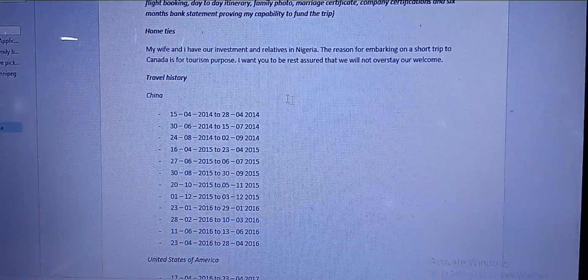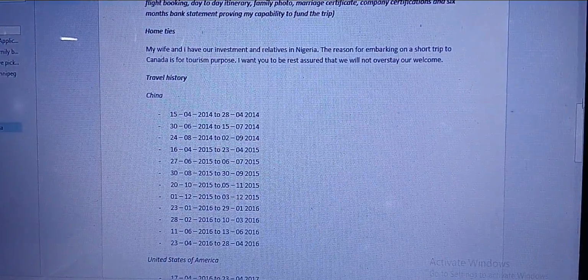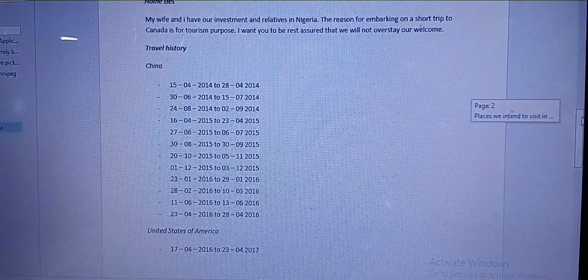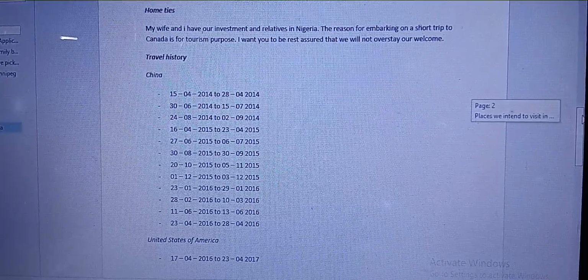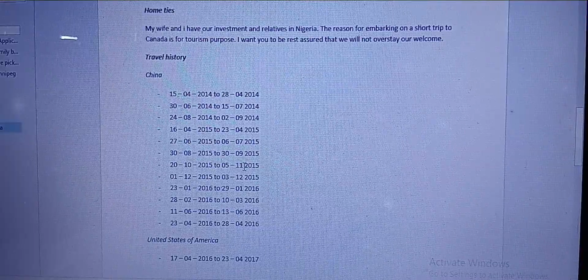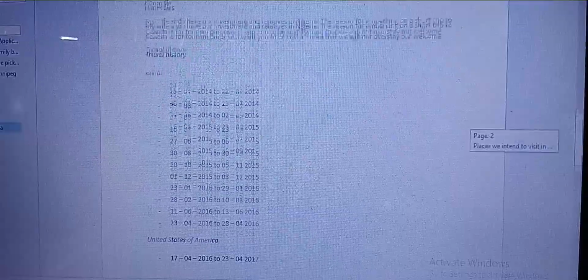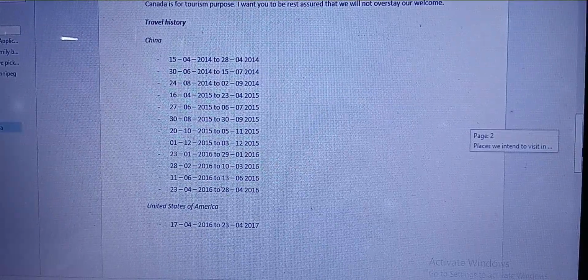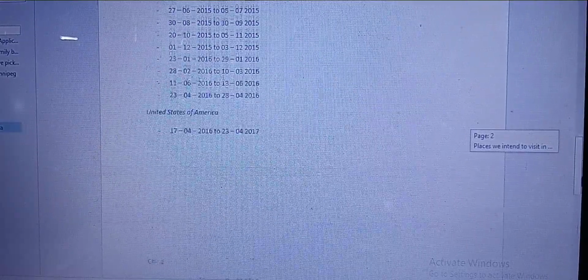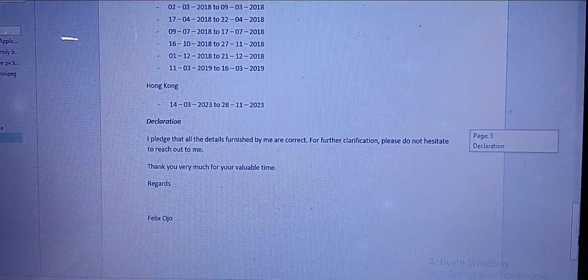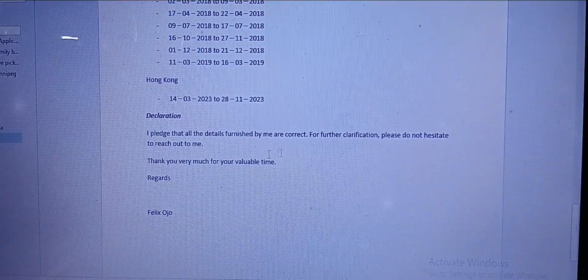So next, which is not 100%, not a must, is travel history. If you have travel history, then you let them know here. That is the next paragraph. But if you don't have, no issue, you skip that paragraph. So next, which is the last, is the declaration.